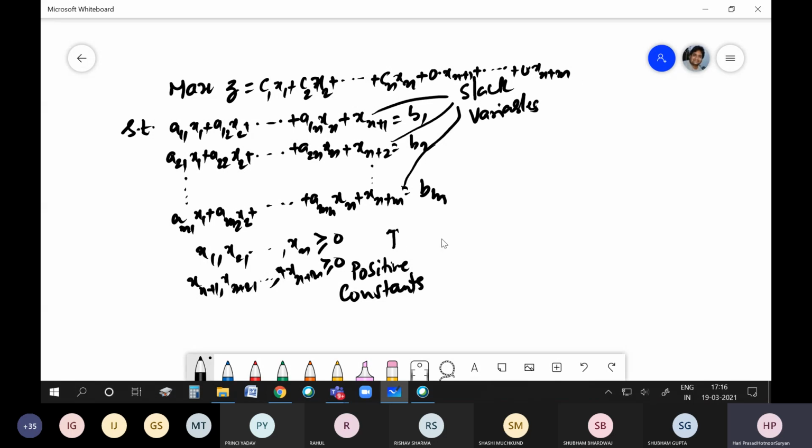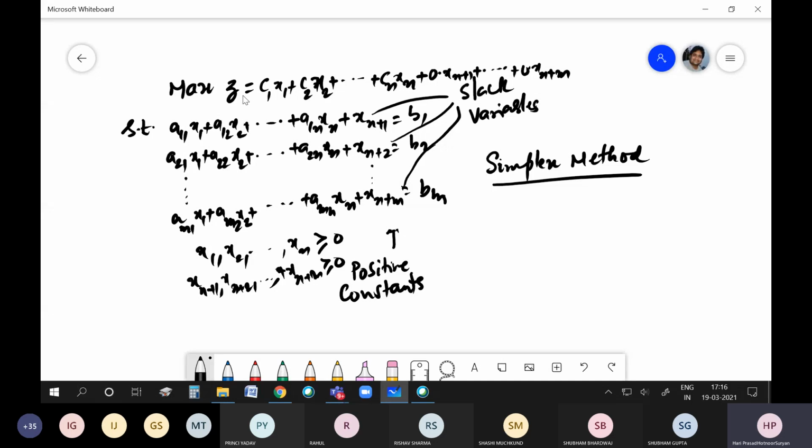So this we can solve. Now there is a method which we call the simplex method, where you can start from one solution and go to the other solutions in such a way that the objective function z gets maximized as we move from one solution to the other.